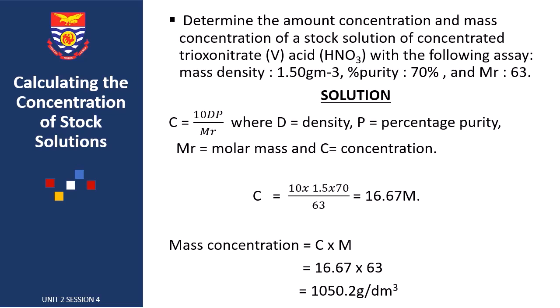So what we have calculated, which is 16.67, being the amount concentration with the unit mole per dm cubed, times the molar mass, in this case 63, so this is 63 grams per mole. When we do this calculation, we are going to get 1050.2 grams per cubic decimeter, and that is the mass concentration of the chemical in that container with such assay given.